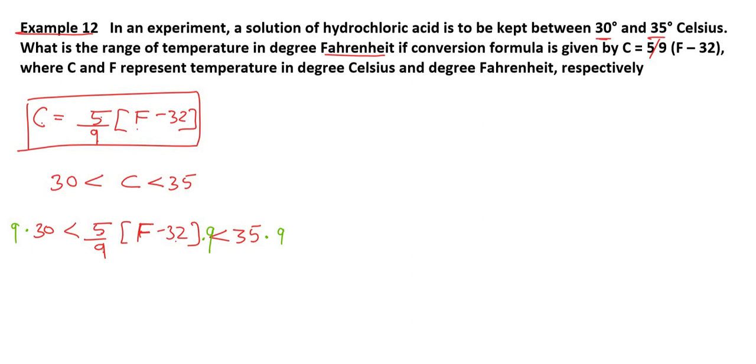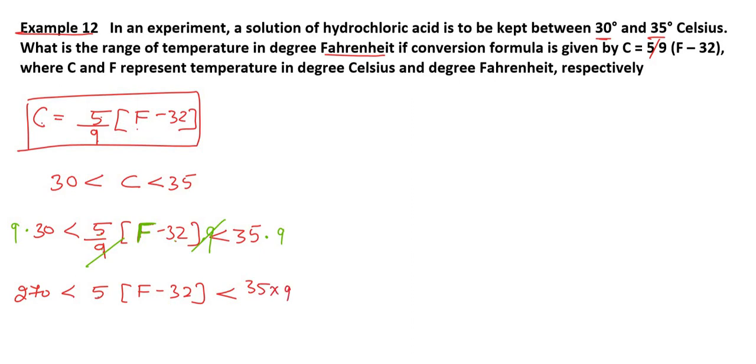We don't want 5. We don't want 32. We're just looking for F. So gradually we will get rid of everything. So first of all, I multiplied by 9 to get rid of it. So this 9 will cancel. What I am getting here is 270 less than 5 into (F minus 32) less than 35 into 9.